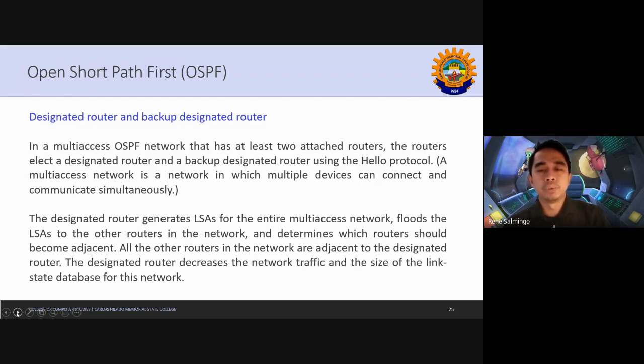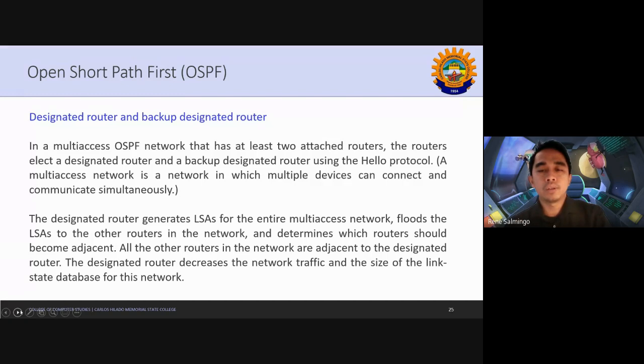And if you're new, it depends on whether you are able to enter the link state database, and this allows you to use the backup designated router if there is too much congestion, and this allows multi-access networks.